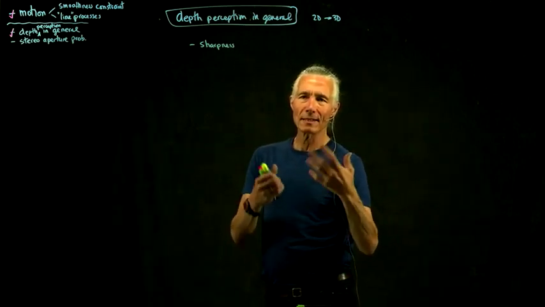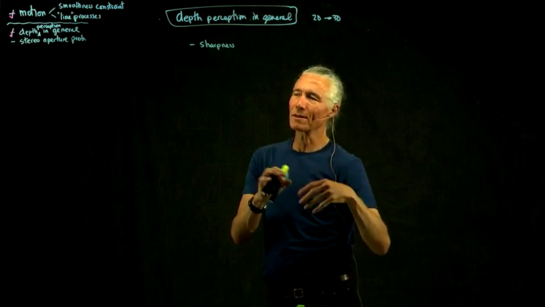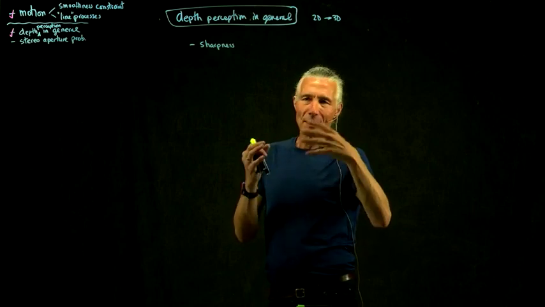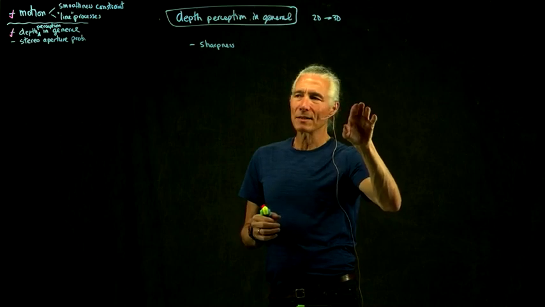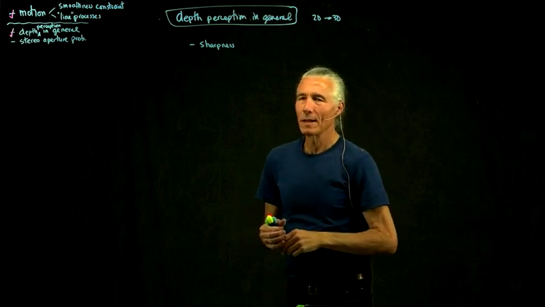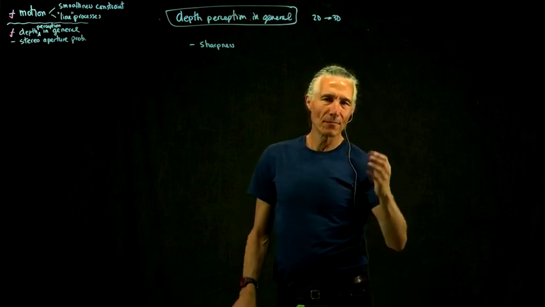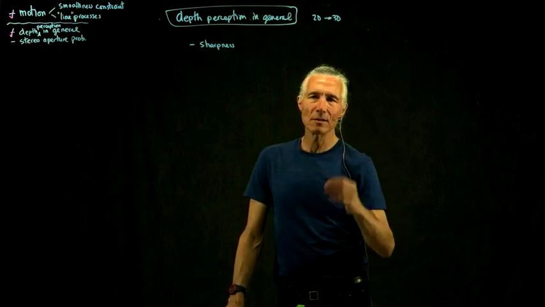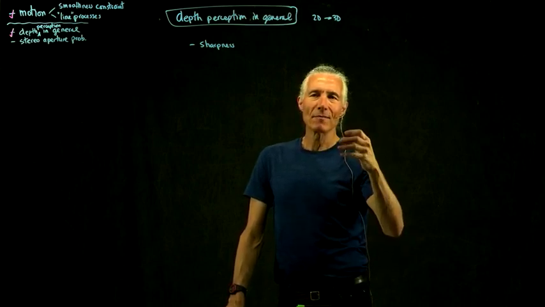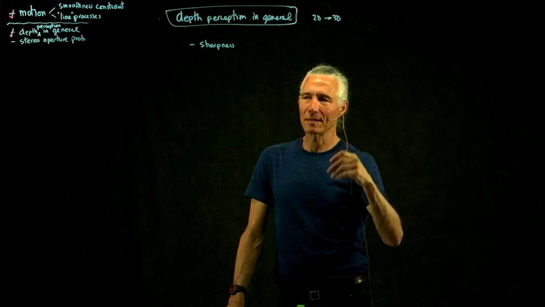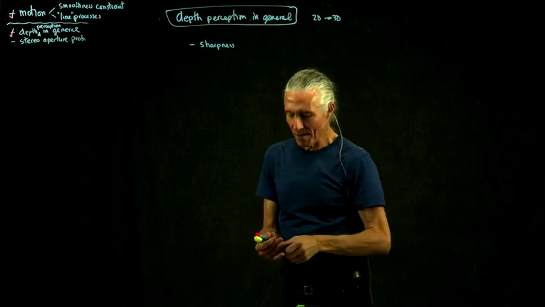What happens at a distance is there's a little smoke or fog in the air, and if you look at contours in the distance, they're not as sharp. So you can tell the depth of something in your visual system by looking at, on average, how sharp the image is. That's a very important cue for depth.